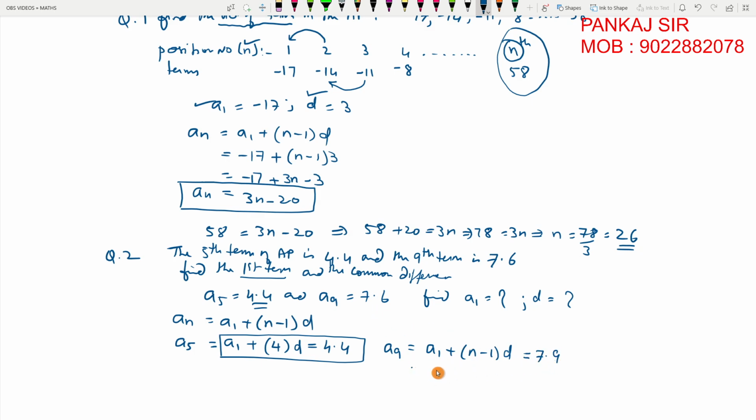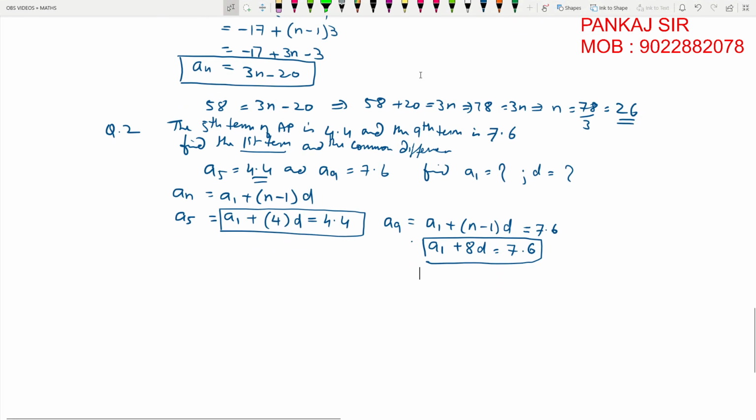So I get another equation, which is a1 plus, now here n is 9, so 9 minus 1 will be 8, times d, equals 7.6. So this is the second equation that I am getting. Now you can see that these two equations are linear equations in two variables. So I can solve them simultaneously to get the value of a1 as well as d.